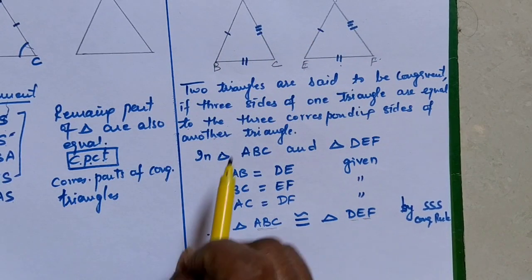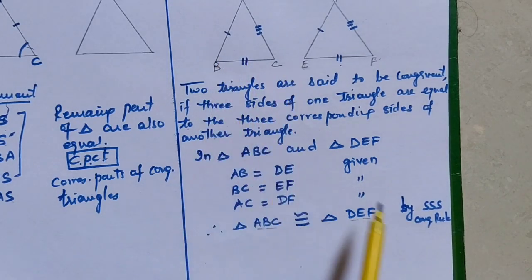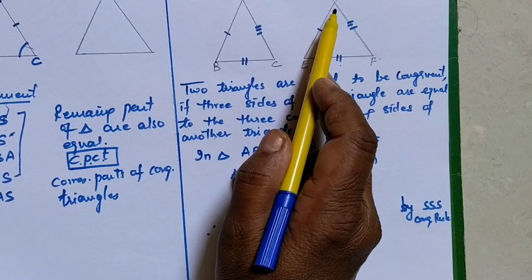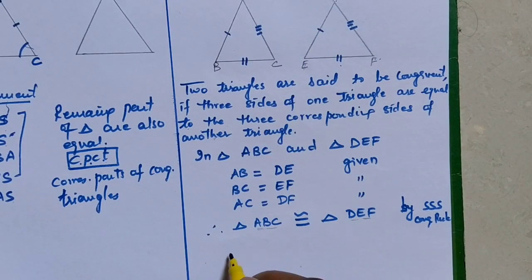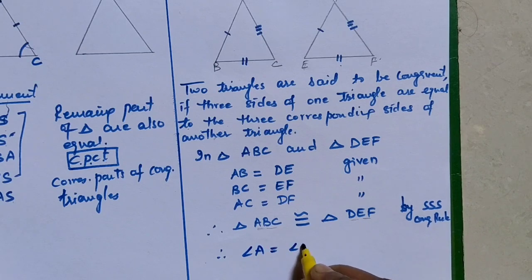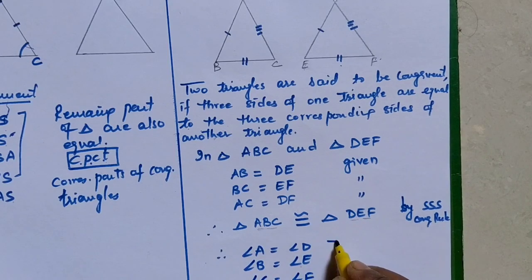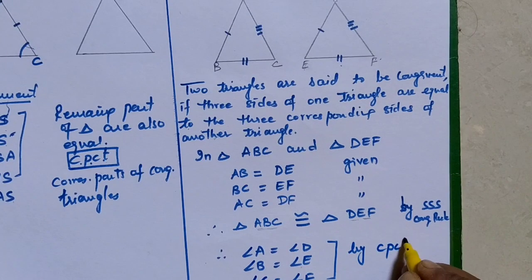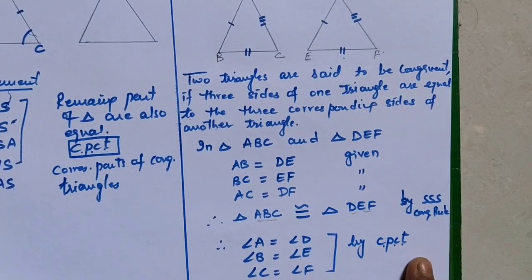After making the triangles congruent with this condition, you can say all the corresponding angles are also equal. Therefore angle A is equal to angle D, angle B is equal to angle E, and angle C is equal to angle F. All of this is because of CPCT, corresponding parts of congruent triangles.